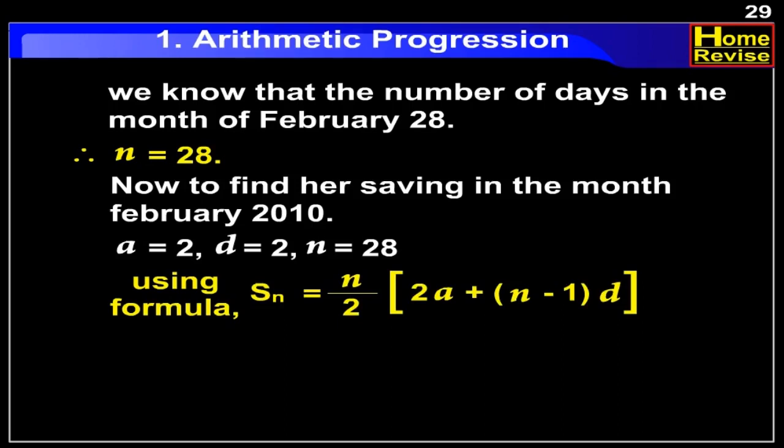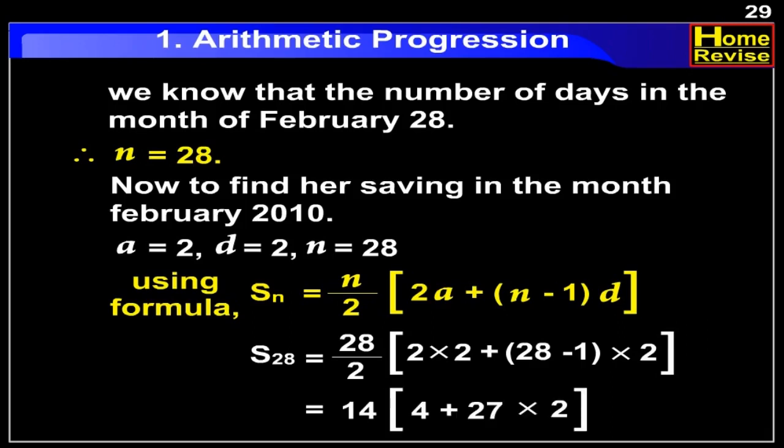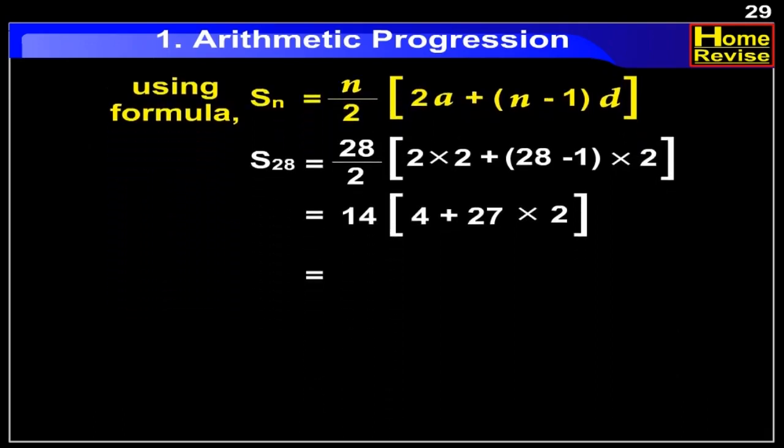Substituting the values, we get S28 is equal to 28 divided by 2 (2 into 2 plus (28 minus 1) into 2), which is equal to 14 (4 plus 27 into 2), which is equal to 14 into (4 plus 54).